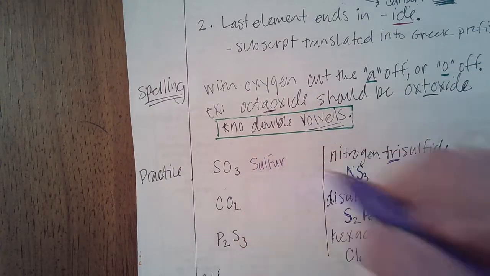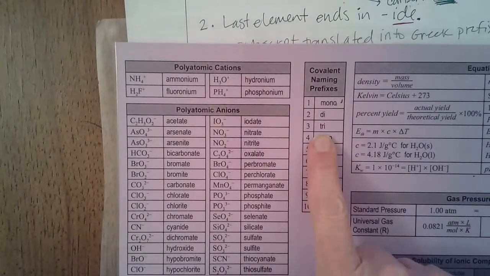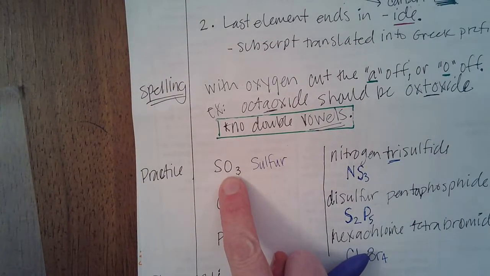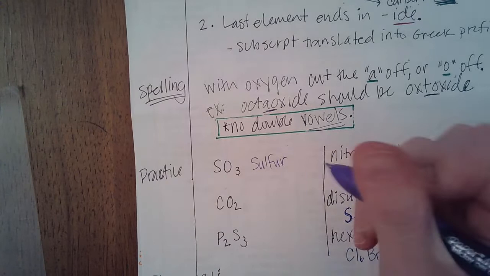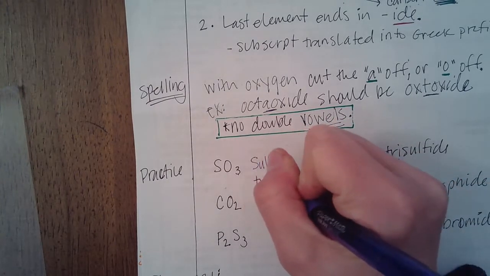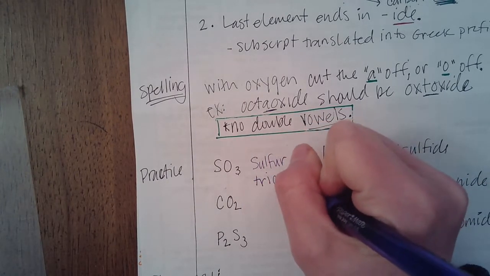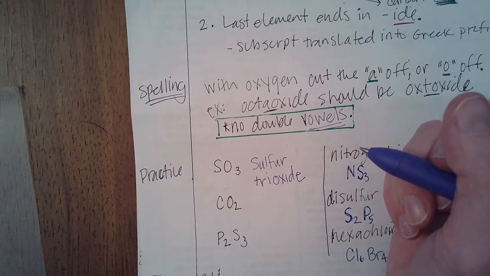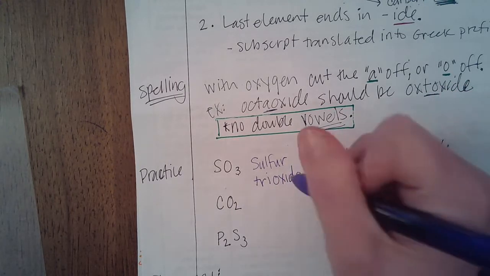And then 3 is tri. And the second one is always an IDE ending. So this would be trioxide.